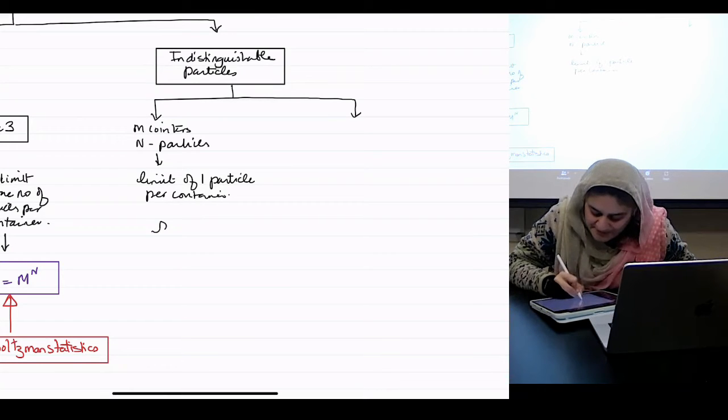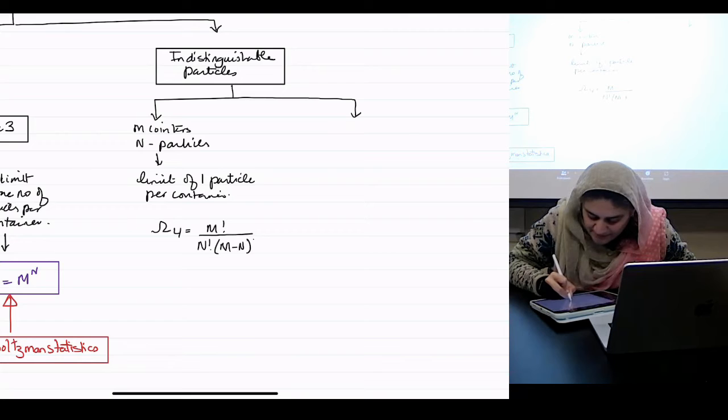That multiplicity will be given as m factorial divided by n factorial times m minus n factorial.